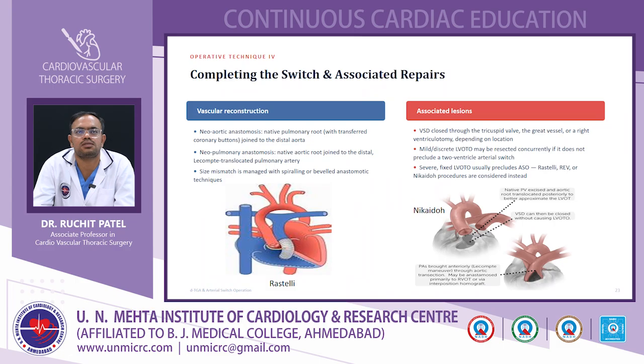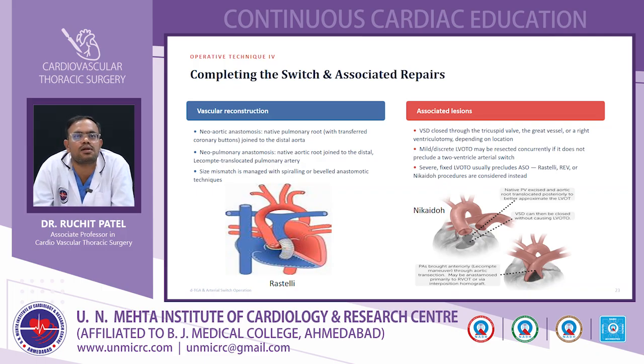Now, after the coronary buttons, we are going to complete the vascular anastomoses for the great vessels. Neo-aortic anastomosis is done from the distal aorta to the neo-aortic root, where we have harvested and implanted the coronary buttons. Size mismatch needs to be addressed at this level to avoid supravalvular aortic stenosis.